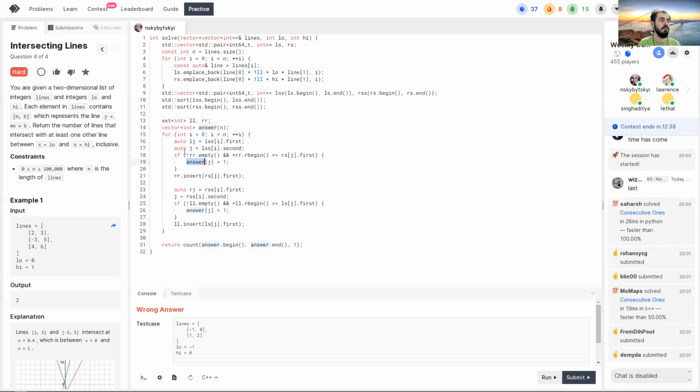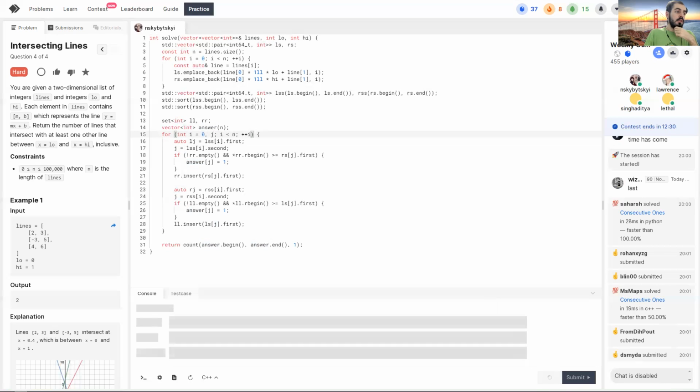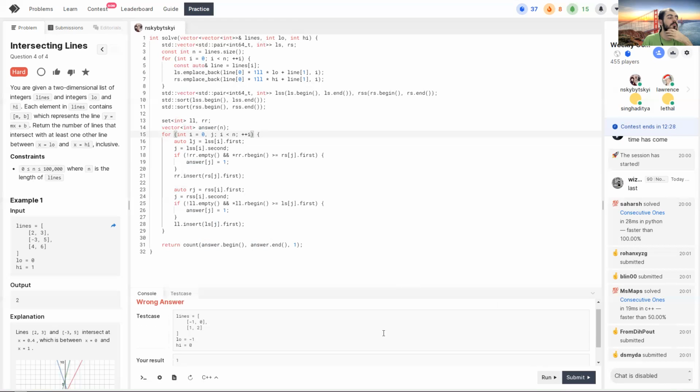Really don't understand what's wrong. You don't necessarily need this intersection.